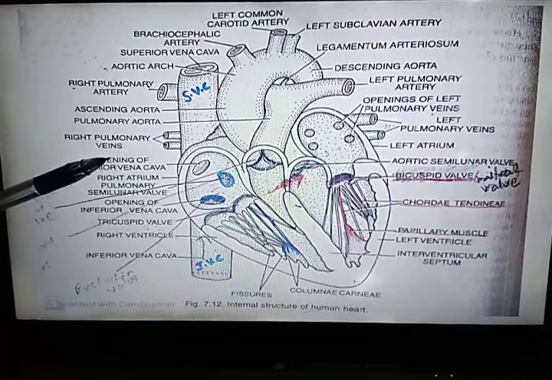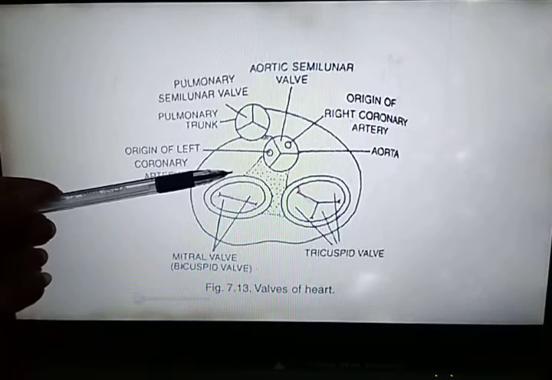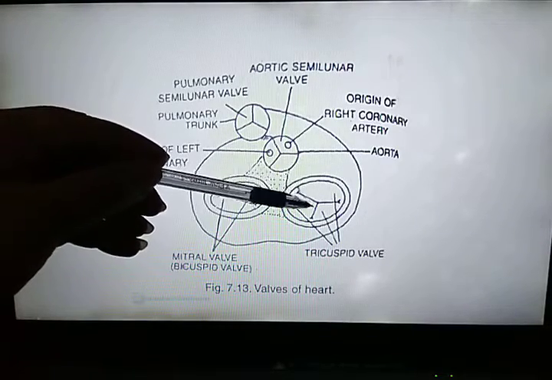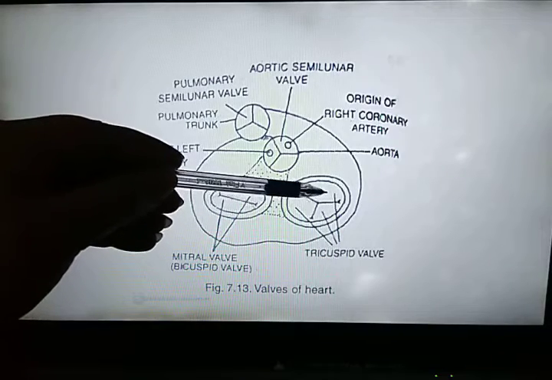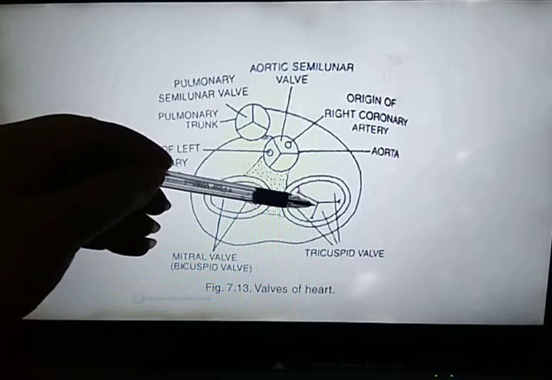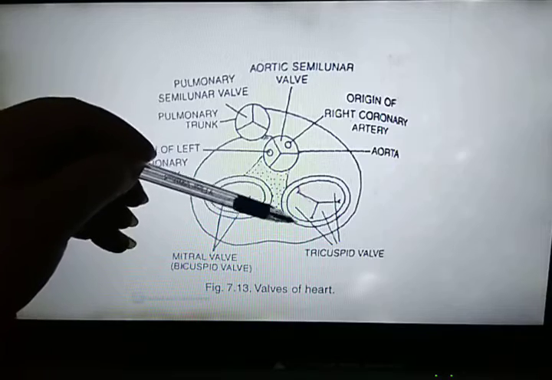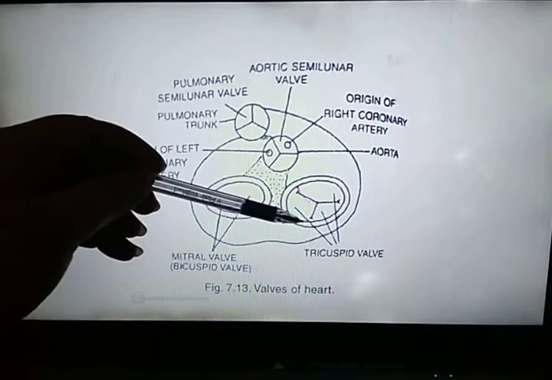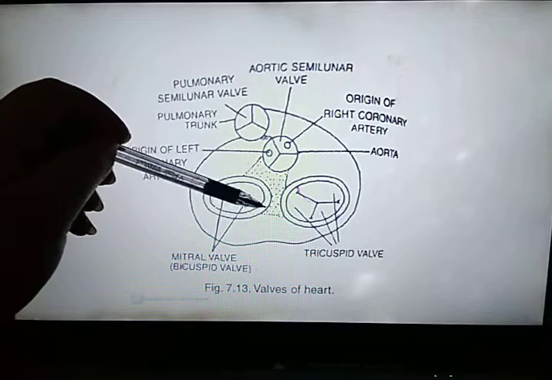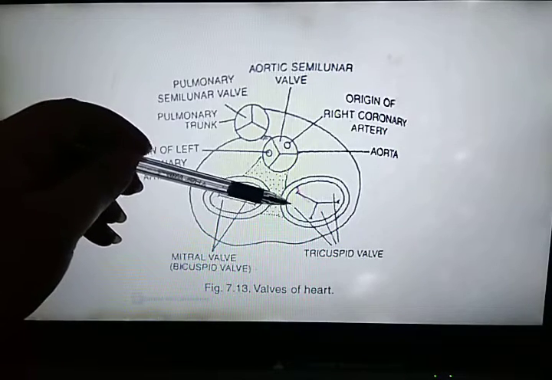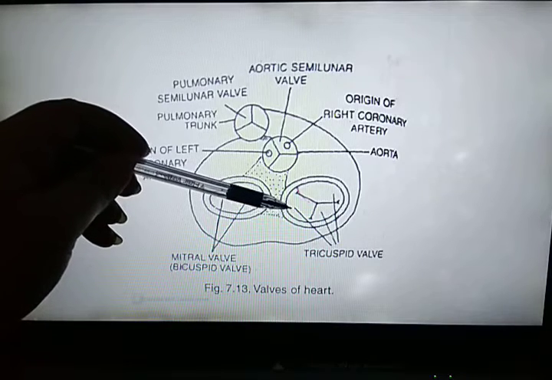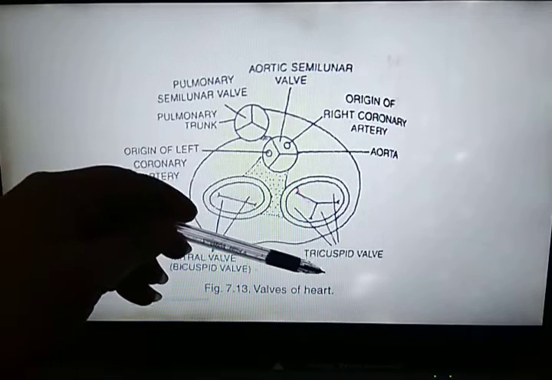Now why is it known as the tricuspid valve? Because this valve consists of three membranous flaps. You can see one, two, three. Three membranous flaps are present which are attached to the margins of the right auriculoventricular aperture above, but project freely into the ventricle.